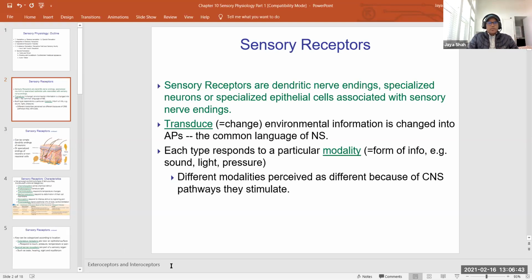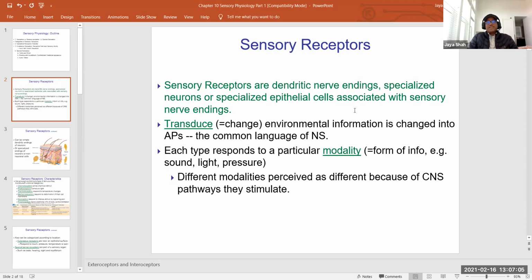Those are the interoceptors. Okay. So these receptors can detect a change in the environment and then produce an action potential by depolarizing themselves. And those receptors are called sensory receptors.